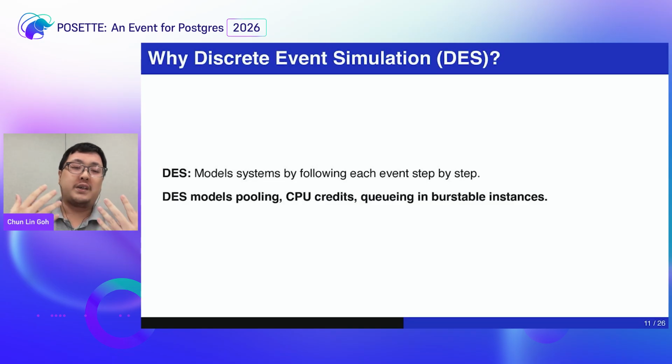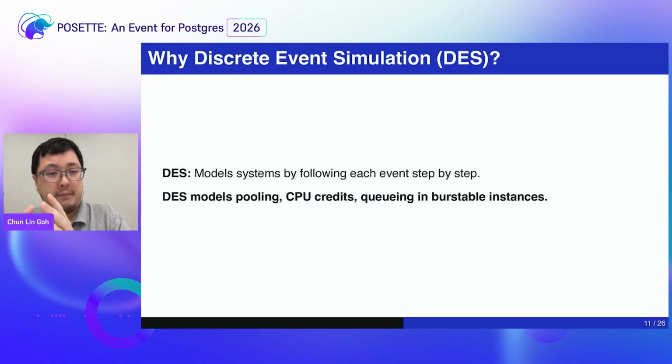So this is the use case of our simulation here. So why are we using discrete event simulation, or DES? DES models a system by following each event step by step. So what do I mean by that? For example, imagine you're watching a movie. You are not interested in the hero taking a shower, having dinner, or just sleeping for 10 hours.